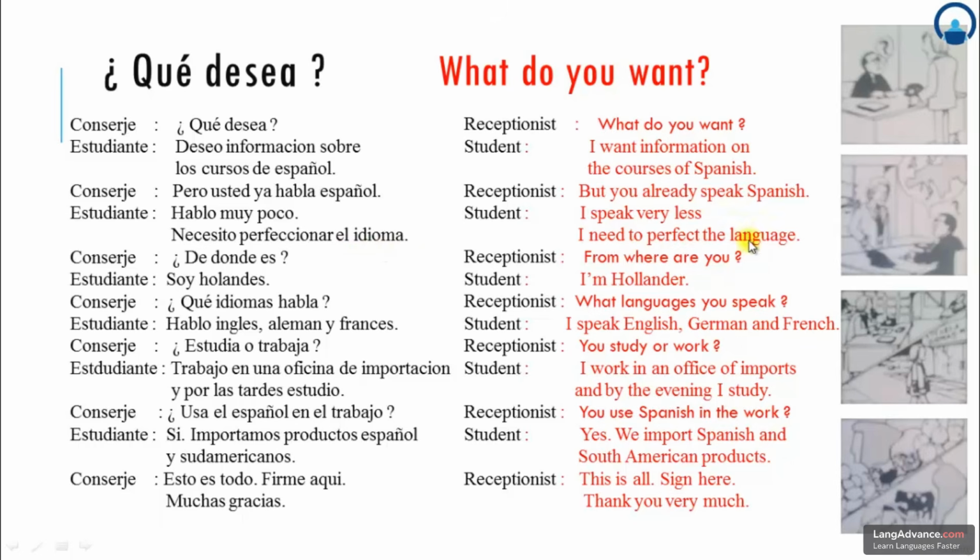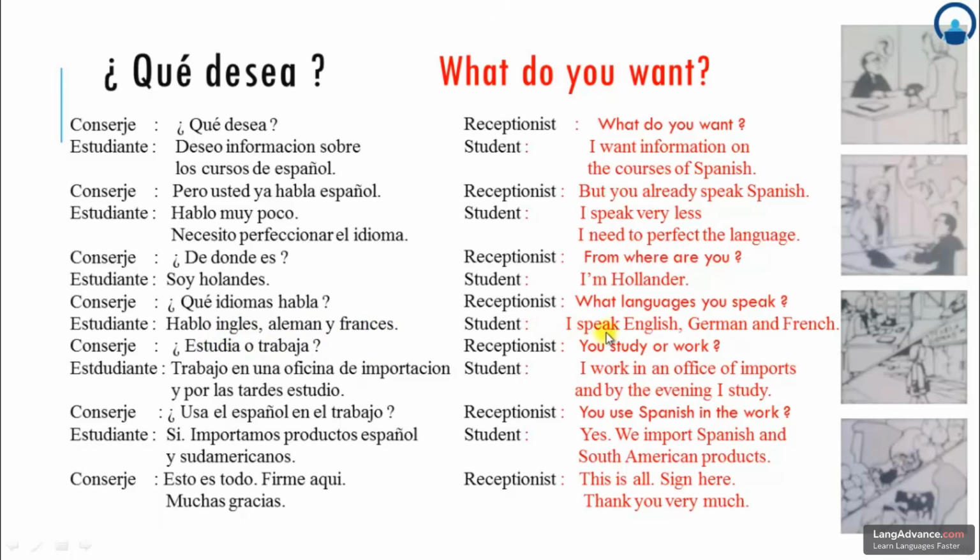Idioma means language. ¿De dónde es? From where are you? Soy holandés. I am Hollander, or I am from Holland. ¿Qué idiomas habla? What languages do you speak? Hablo inglés, alemán y francés.